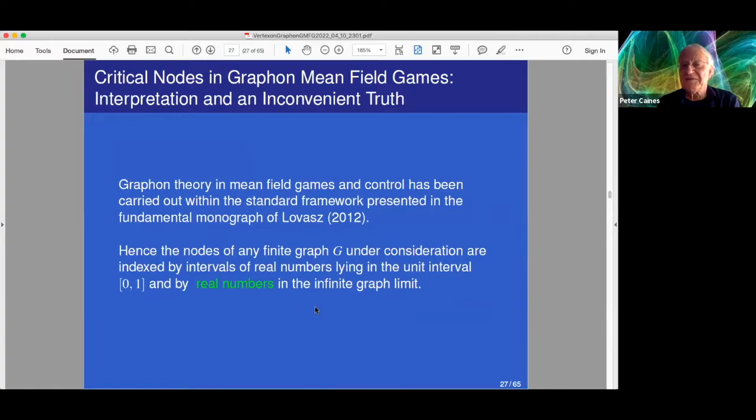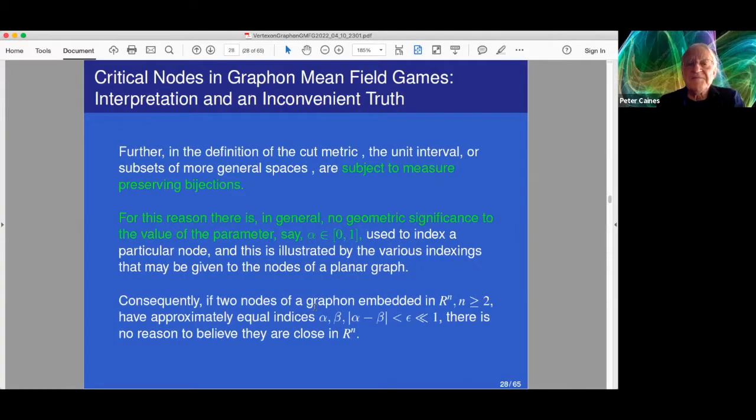There's what we call an inconvenient truth, which is that graphon mean field games and control have been carried out within the standard framework of graphon theory, which we sketched at the beginning. Hence, the nodes of any finite graph under consideration are indexed by intervals of real numbers lying in the unit interval, and the limit objects by real numbers in the infinite graph limit. Further, in the definition of the cut metric, the indices in the definition of the norm, and hence of the metric, are subject to measure preserving bijections.